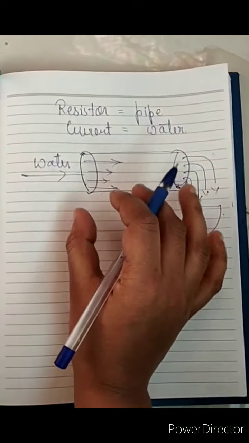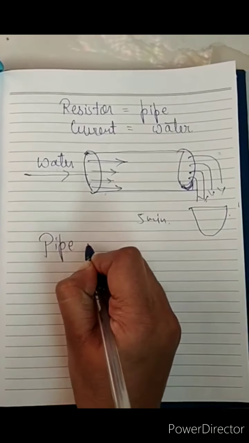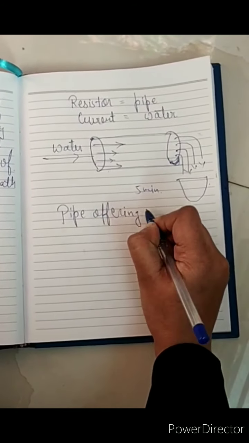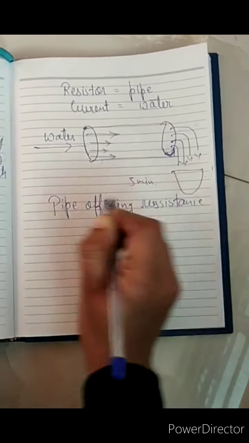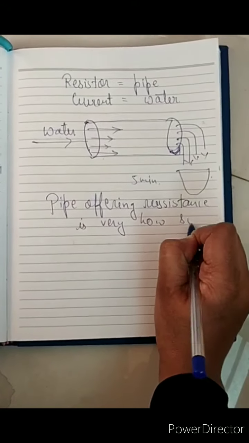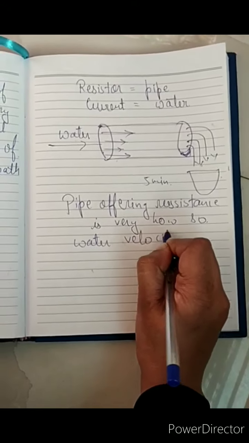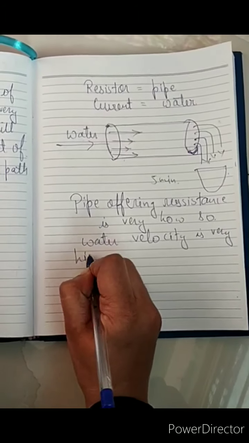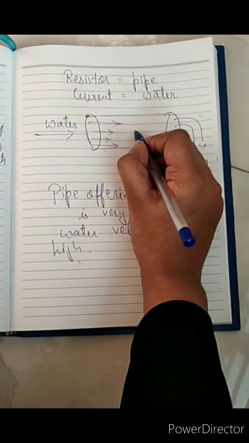It means the resistance the pipe is offering is very low. So water velocity is very high. You can easily see.